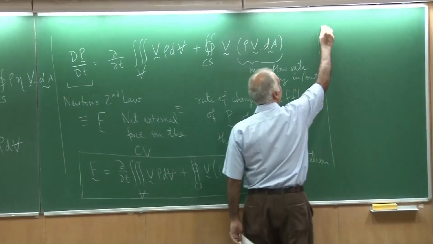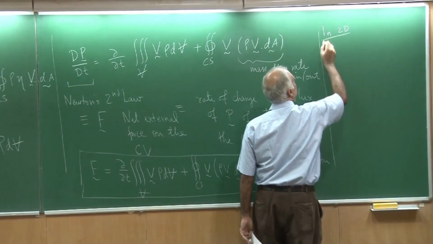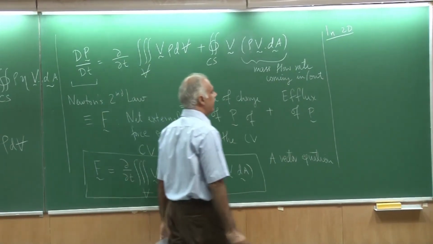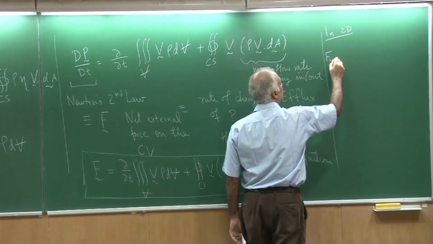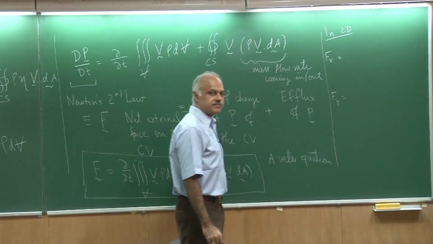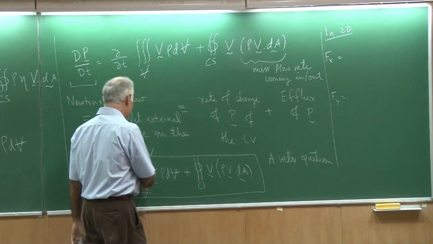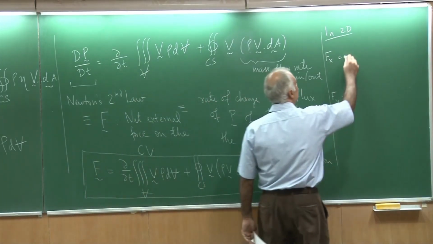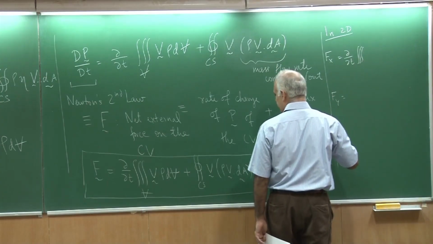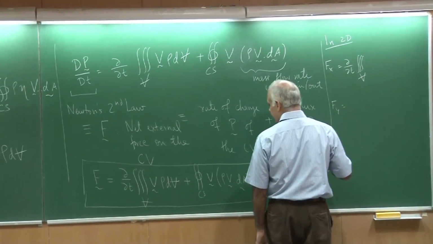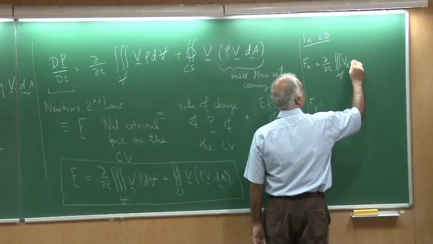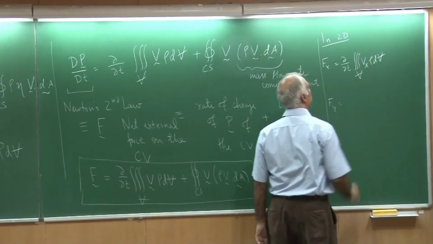Suppose I look at 2 dimensions, I would have an equation for Fx and I would have an equation for Fy. Fx, for example, would be simply del by del t of this volume integral, and this would be now Vx rho dV.